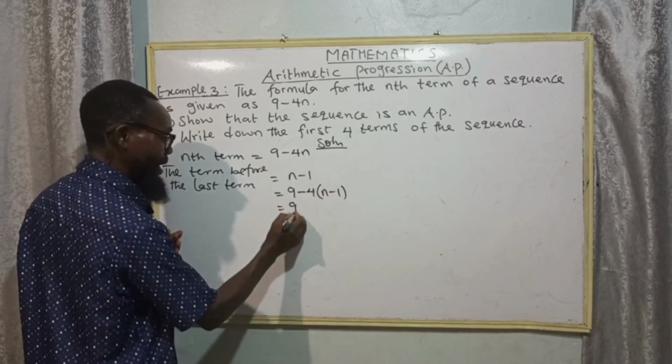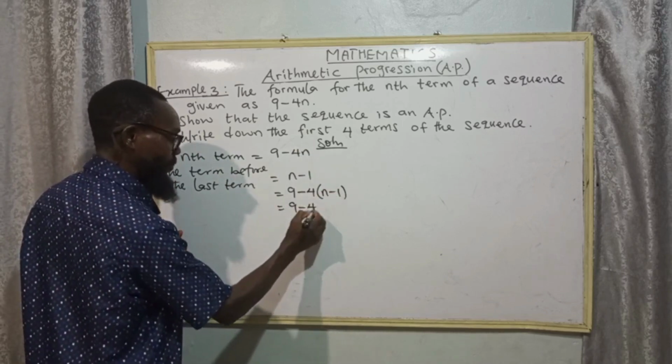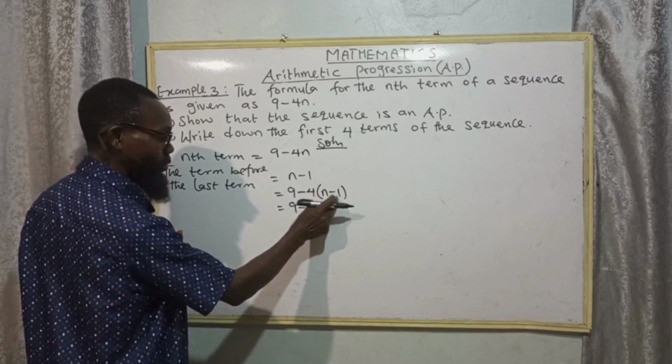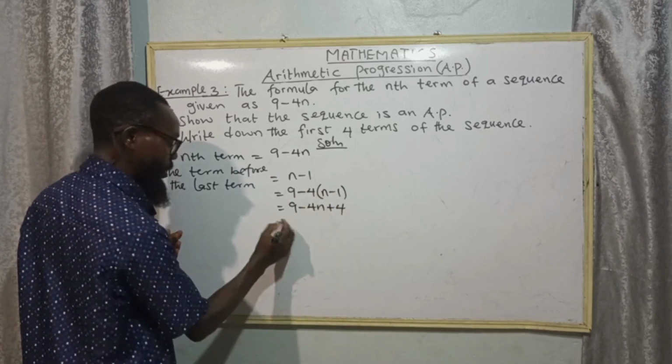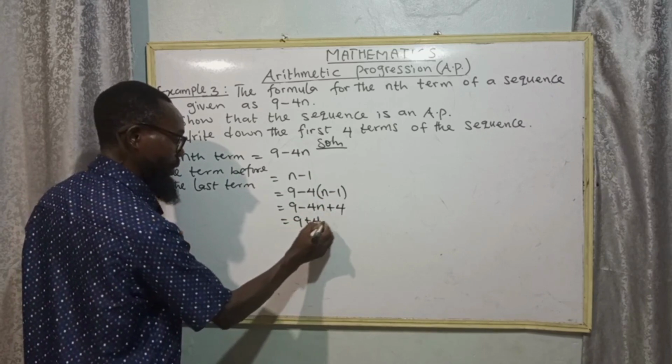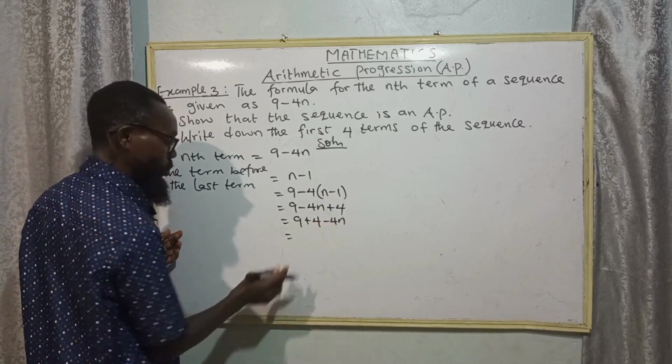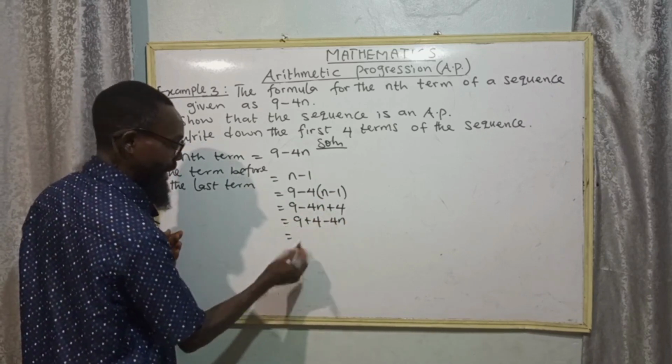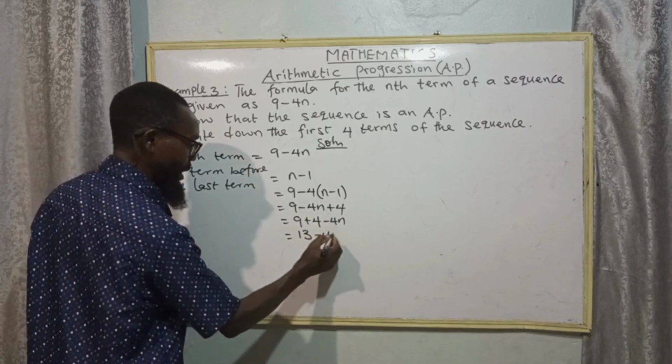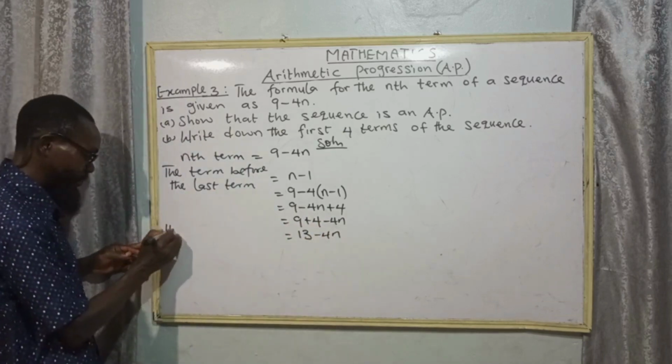So we have 9 minus 4n, minus 4 times minus 1, plus 4. So we have 9 plus 4 minus 4n, which equals 13 minus 4n.